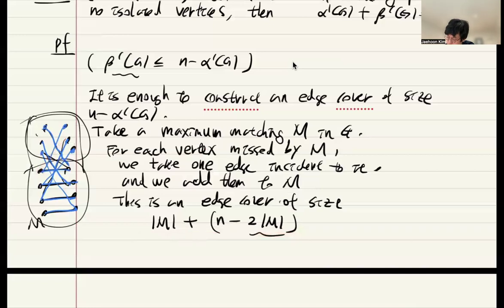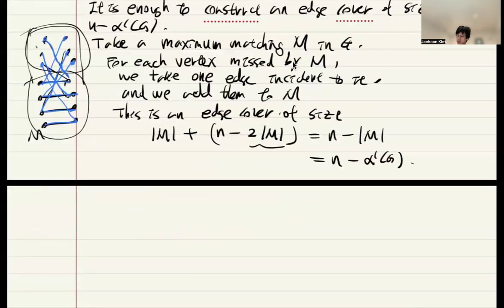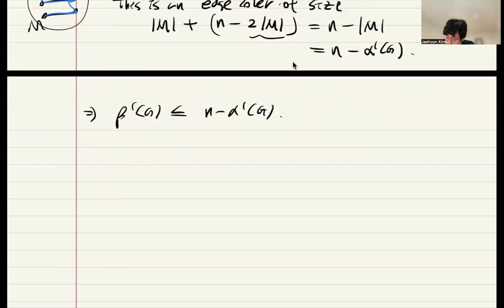So this is what you get: n minus the size of M, which is n minus alpha prime of G, because M is the largest matching. So this is an edge cover. So it implies that the minimum edge cover has size at most the size of this edge cover. So you get this inequality. And we now prove the other inequality.